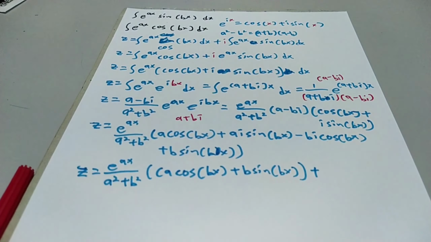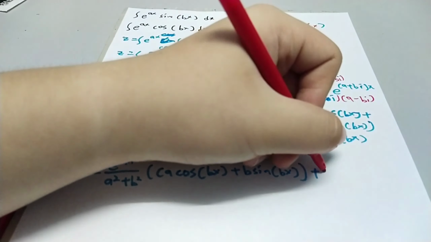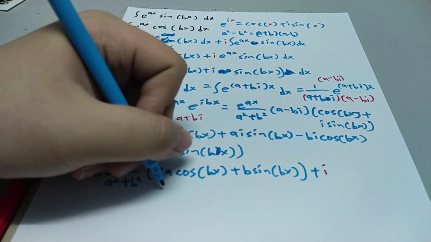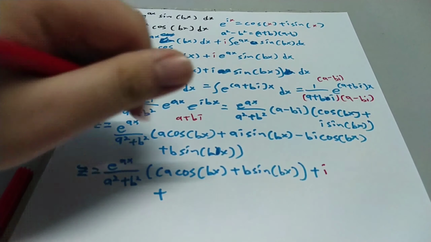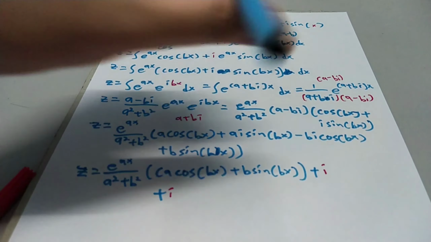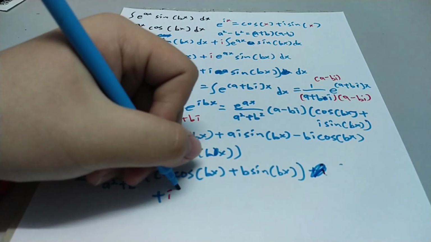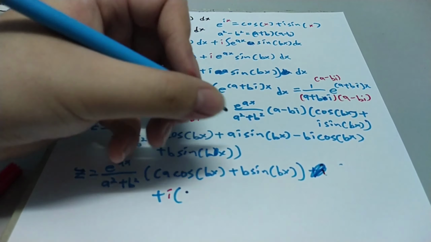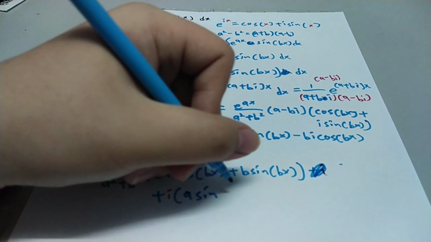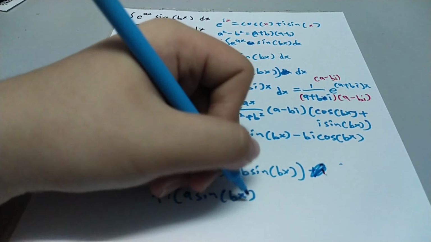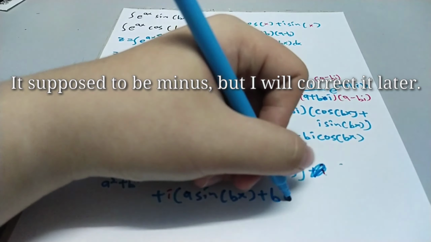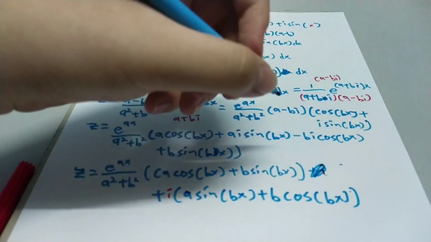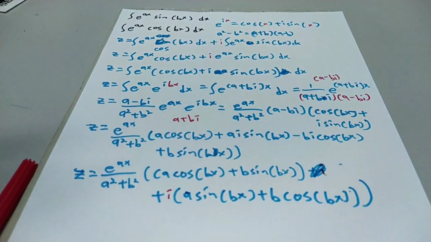plus the letter i, which I will write right here, plus the letter i times a times sine of bx plus b times cosine of bx, and then put a bigger bracket.